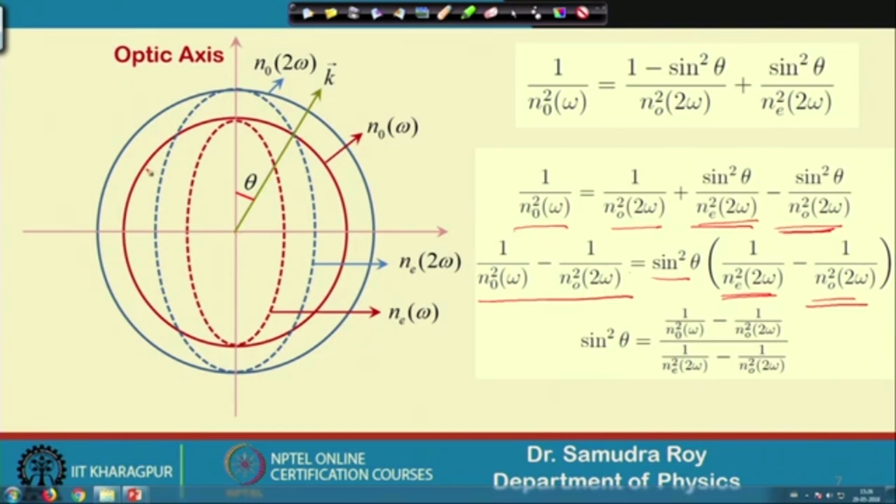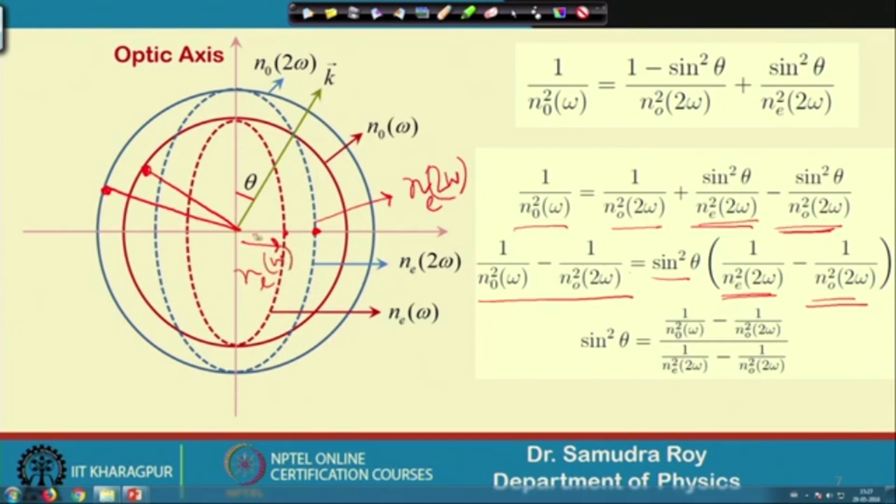This radius is basically the value of n_o of omega. And n_e of 2 omega is which value? At this point and at this point these values are different. So, I am basically talking about this amount, this is n_e of 2 omega, and this amount from here to here is n_e of omega.